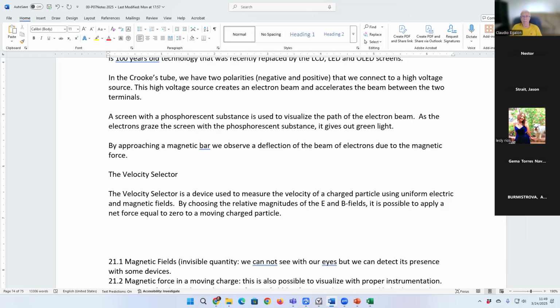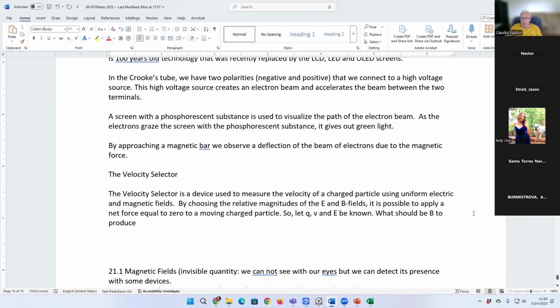So let Q, V, and E be known. What should be the magnitude and direction of B to produce a net force of 0 on the charged particle?